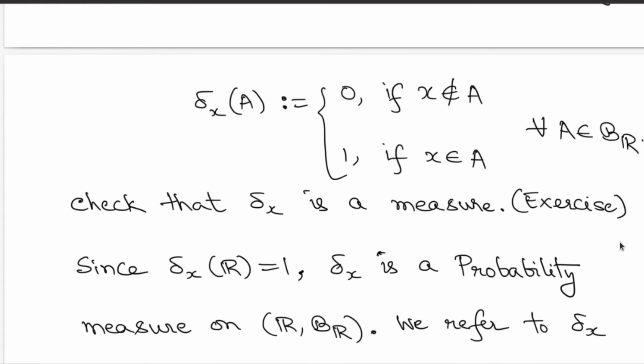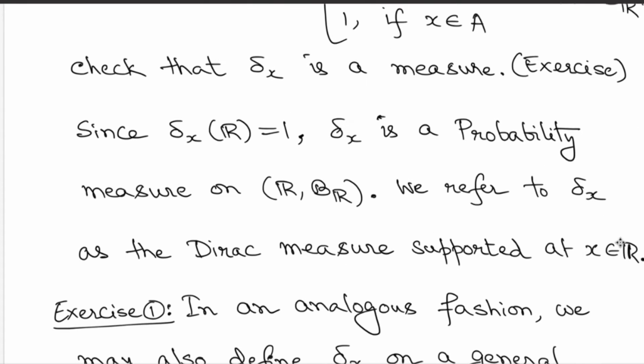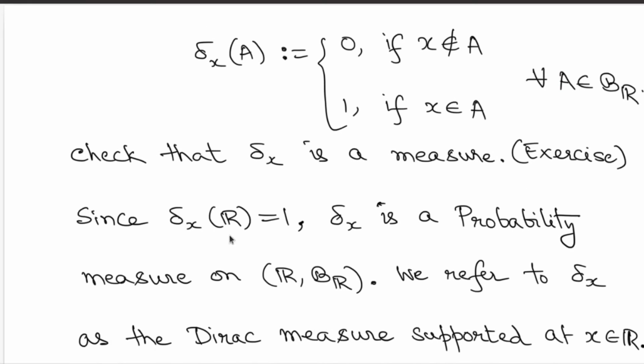Please check this. But as soon as it becomes a measure, you can look at the size of the whole set, which is the real line here. All you have to do is follow the definition. Is the point x in the real line? Yes, the answer is yes, because x was chosen like that. So the value is 1. Therefore this becomes an example of a probability measure.